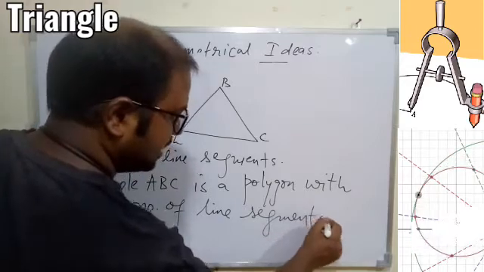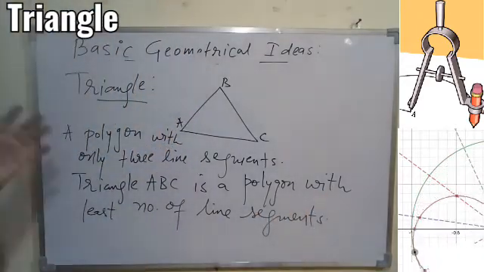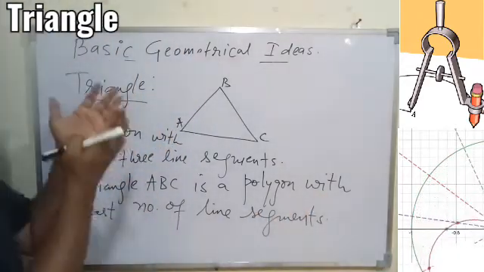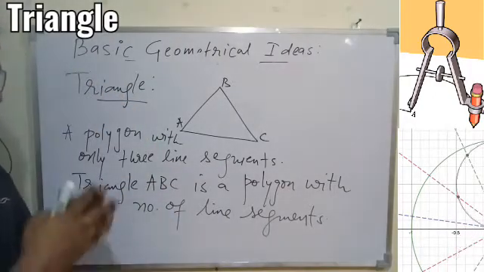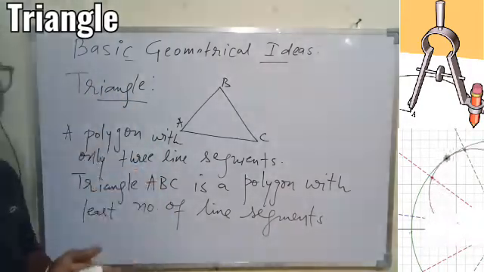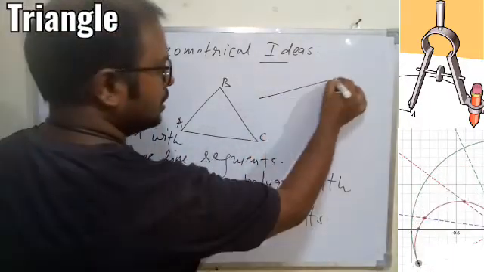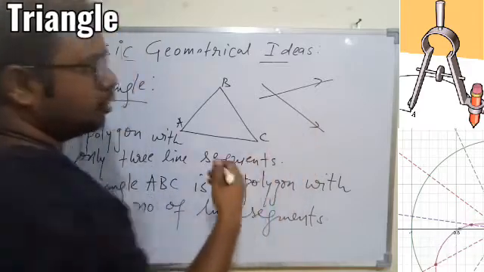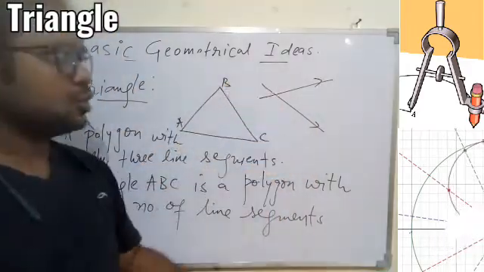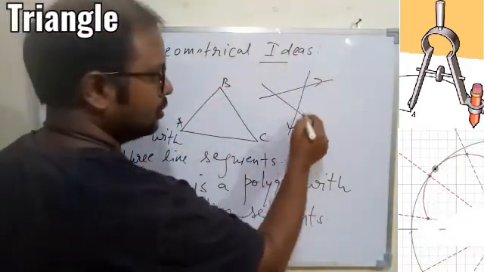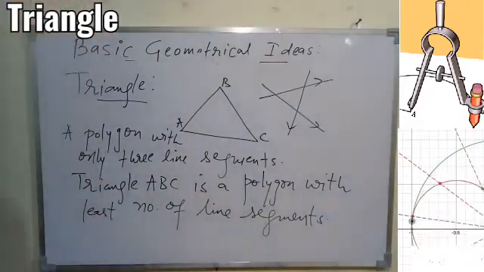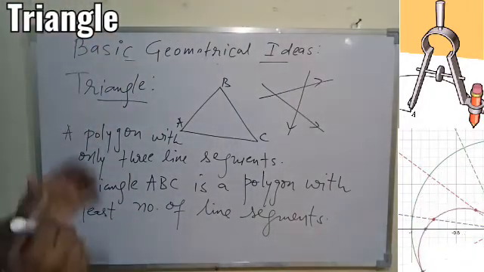I have already said in the previous class, to form a polygon with the help of line segments, the minimum lines required are 3. So we understood with 2 lines it is possible to form the angle, but to form a closed loop we need one more line or ray. So at least 3 lines are required to form a polygon.